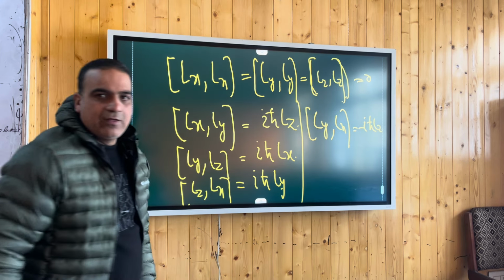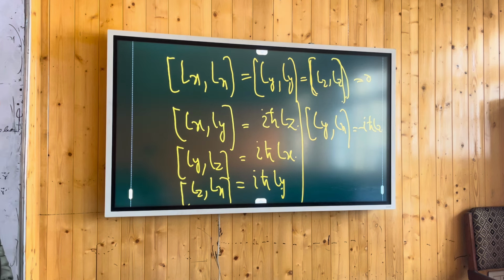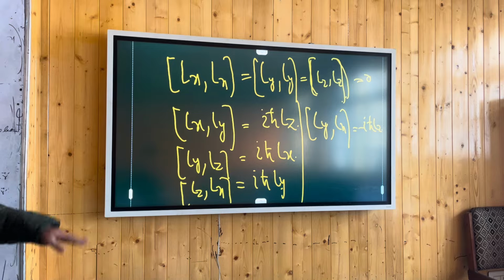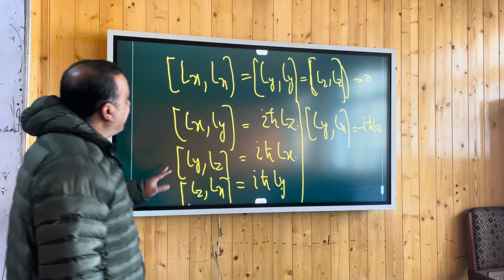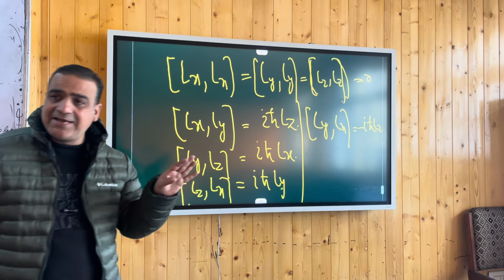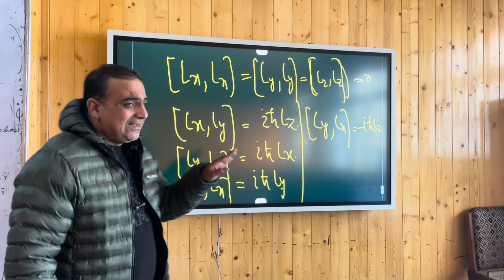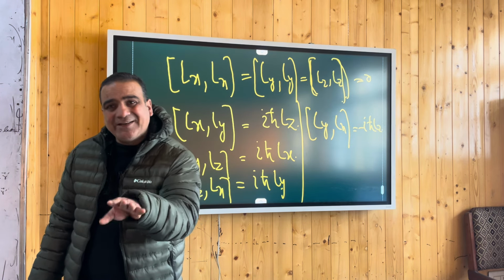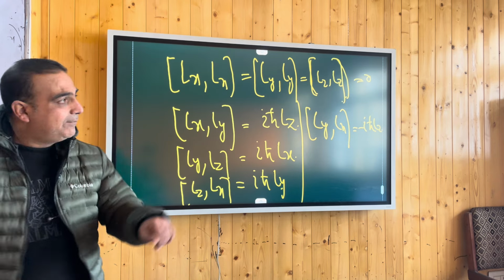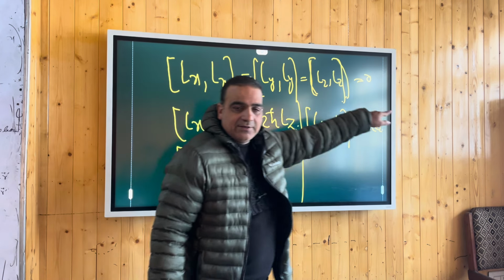So this is how you can find these results when you try to obtain the commutation relations between the different components of angular momentum. What we realize at this point is that the angular momentum on the same coordinate can be exactly measured because their commutations are 0.